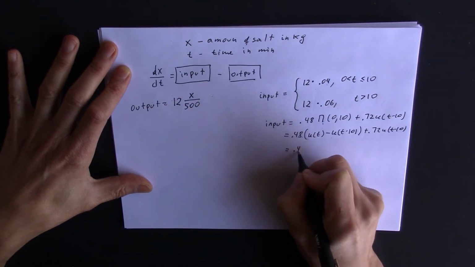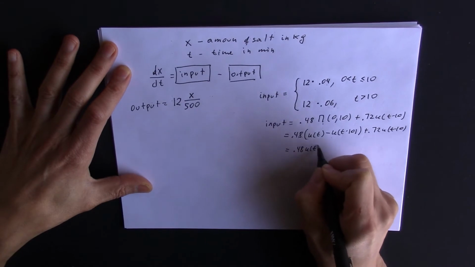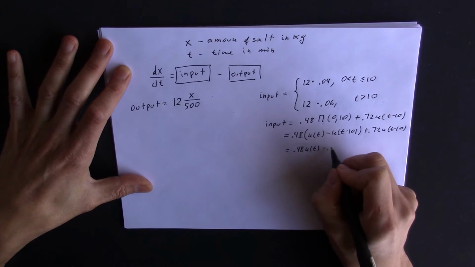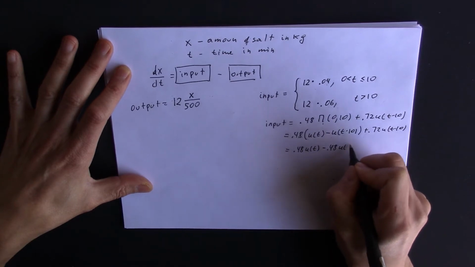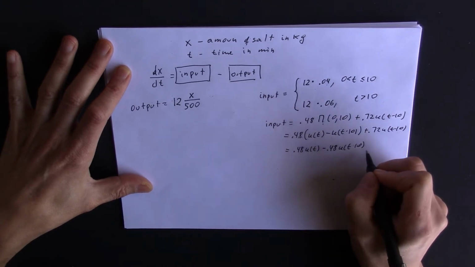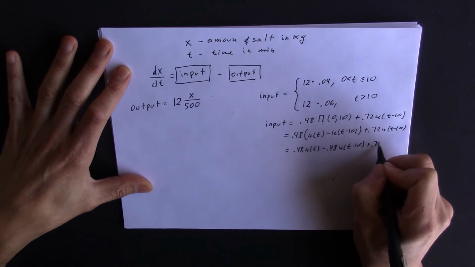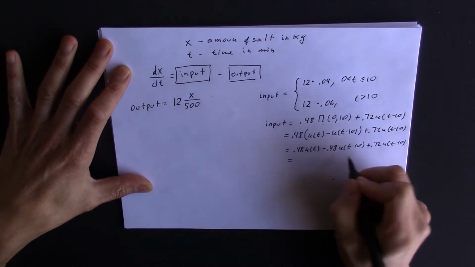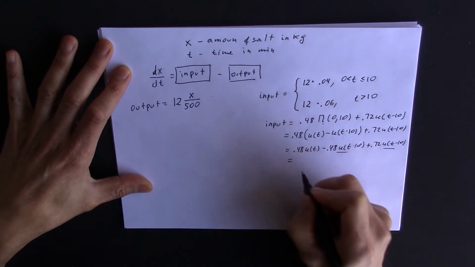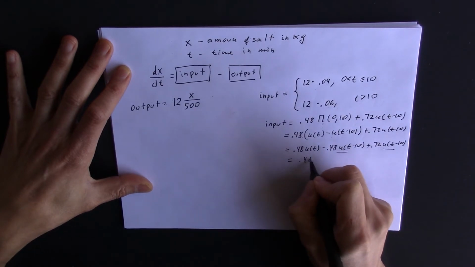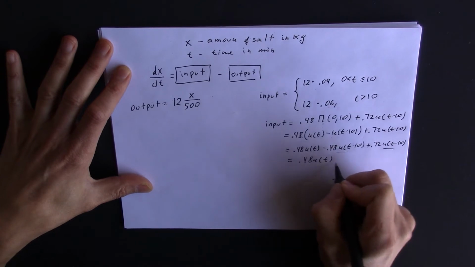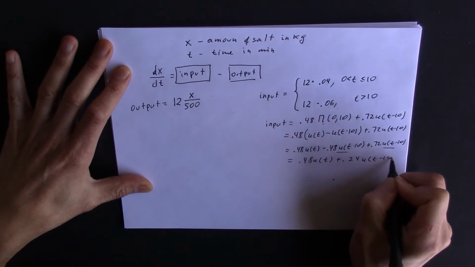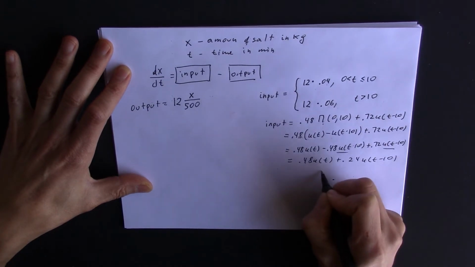We'll simplify that expression a little bit by distributing: 0.48 minus 0.48 u of t minus 10 plus 0.72 u of t minus 10. Combining like terms, we get 0.48 u of t plus 0.24 u of t minus 10, and that is our input.